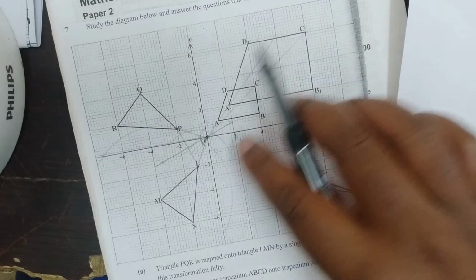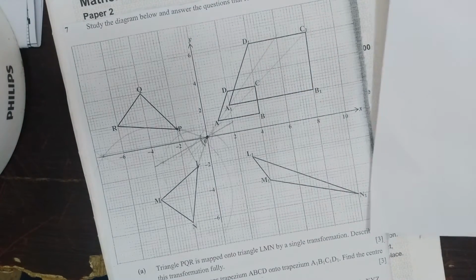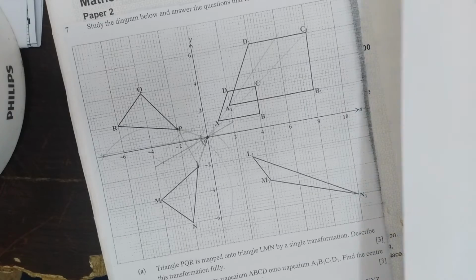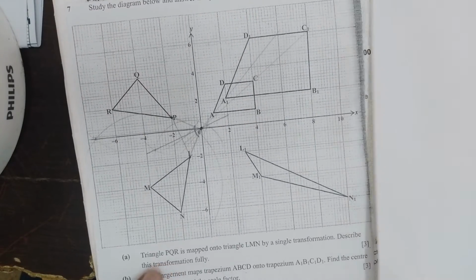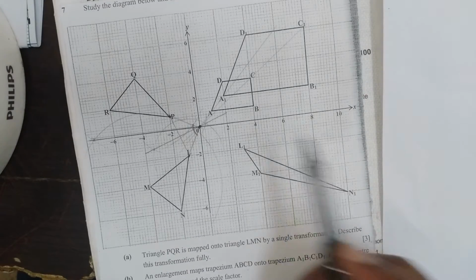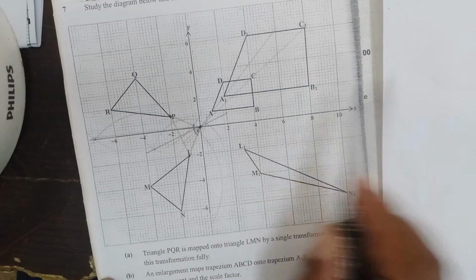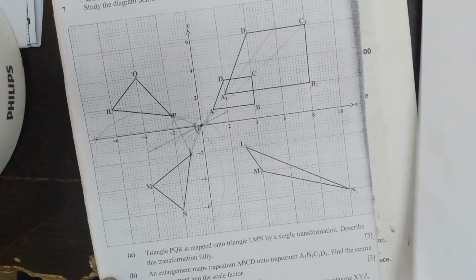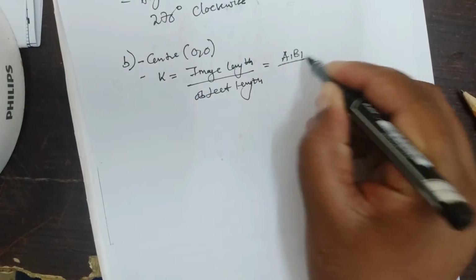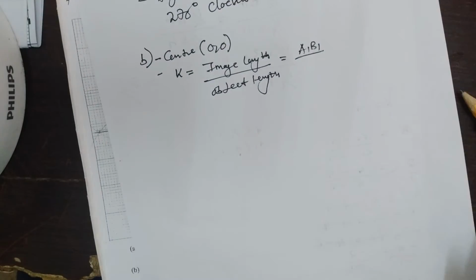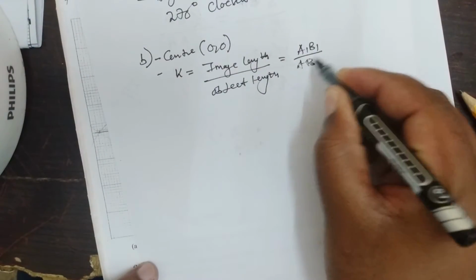That is why these two diagrams are on the same side, and the scale factor should be positive. So here we can get, for example, A1B1, find the length, say A1B1 divided by maybe AB. What is the length?